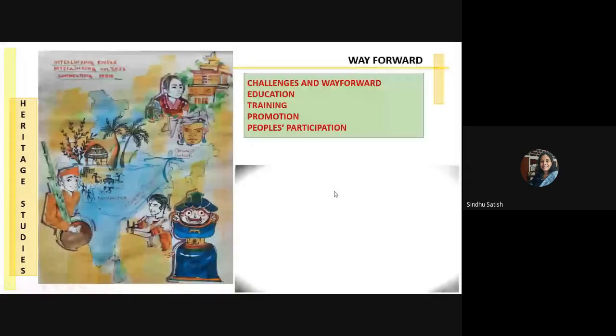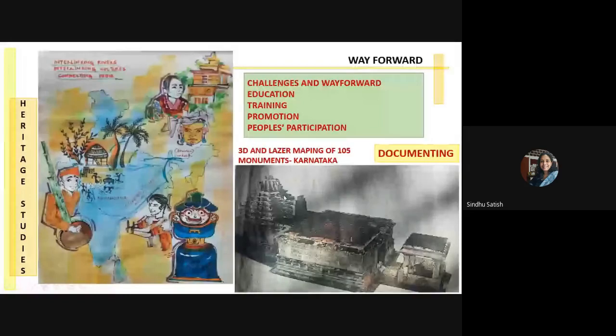And lastly, to conclude, just before we conclude, I would like to highlight one more important thing, that there was also another point of discussion in one of the sessions, that we lack documentation. Very true, we lack documentation.